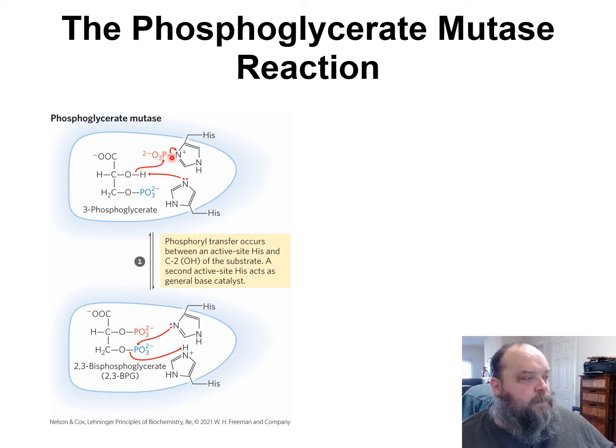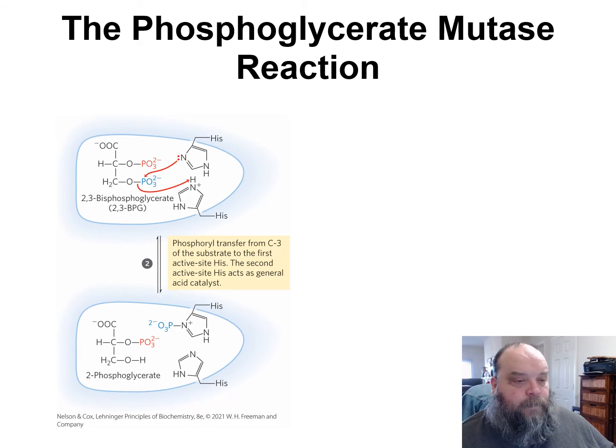This phosphate group that's here on this histidine is now going to be interacting directly here via this carbon. And you're going to get shifts. Boom. So this phosphate group from this histidine in the active site is now associated with carbon 2, and the phosphate group from carbon 3 is now going to start interacting here itself. And we see the shifting of the electron pairs, and boom.